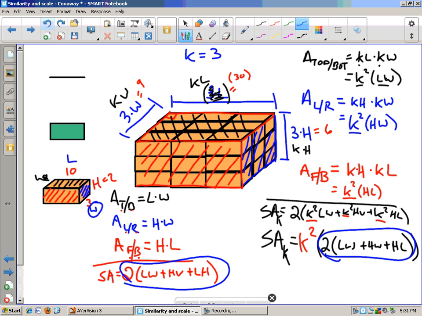So why don't I just get rid of all that and replace it with what it is? What did this thing stand for? It stood for surface area of the original object. So what we can say is that the surface area of the new object is equal to K squared times the surface area of the original object.